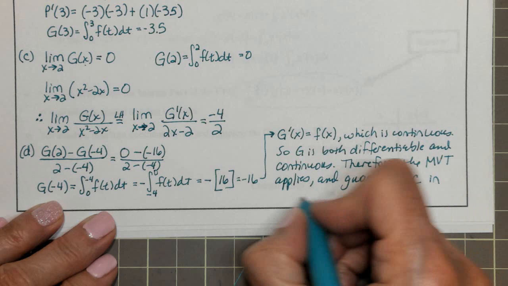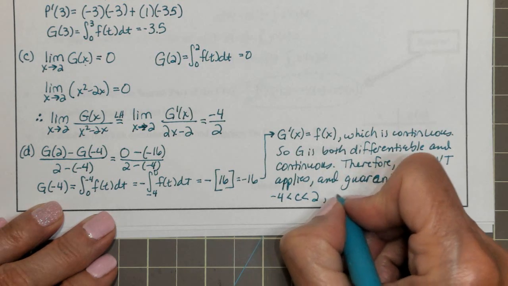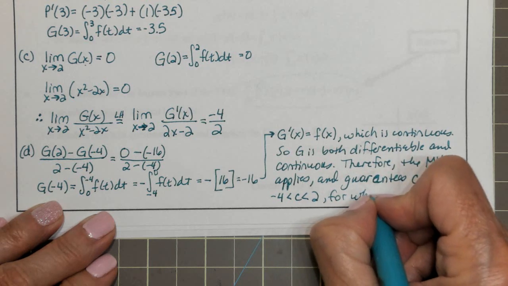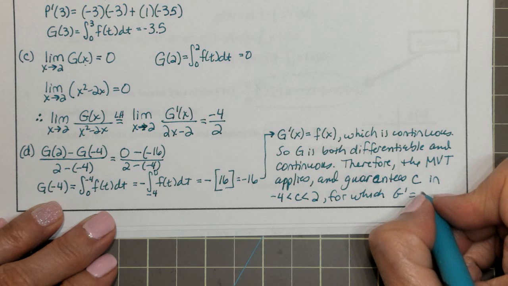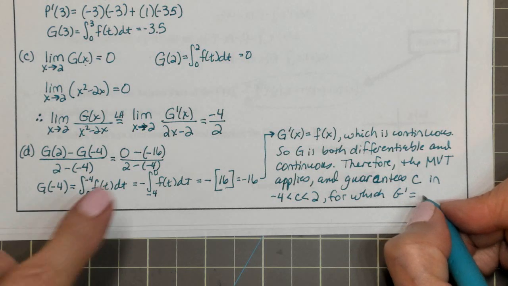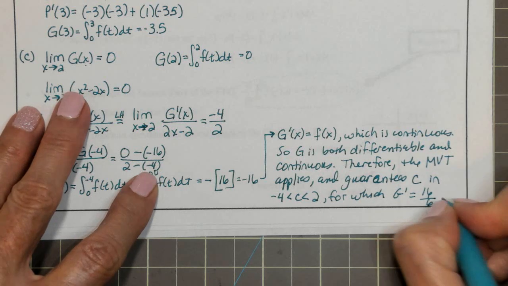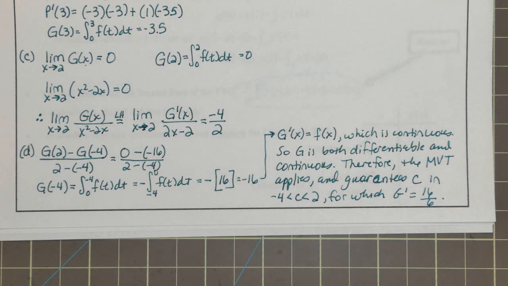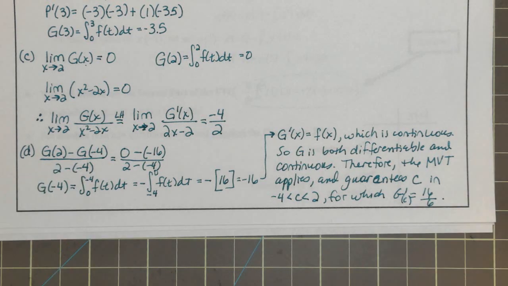C in negative 4 to 2 for which G prime equals that value, 16/6. Okay? I should have put a C here.